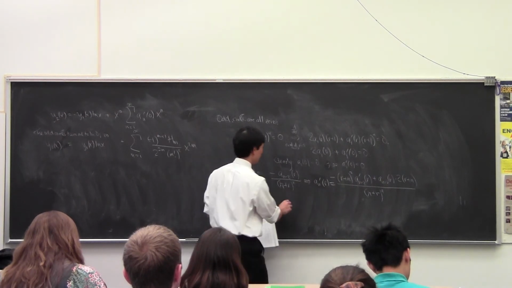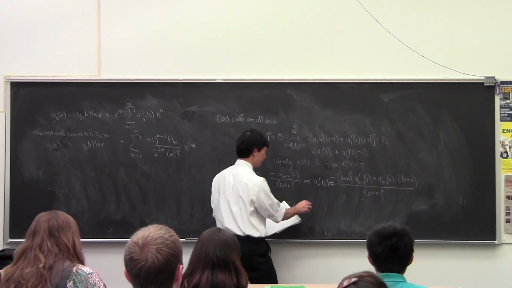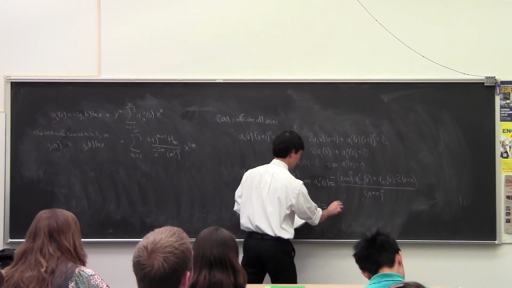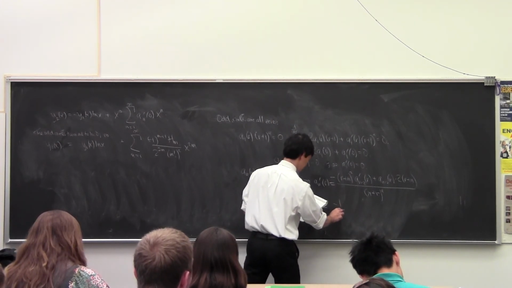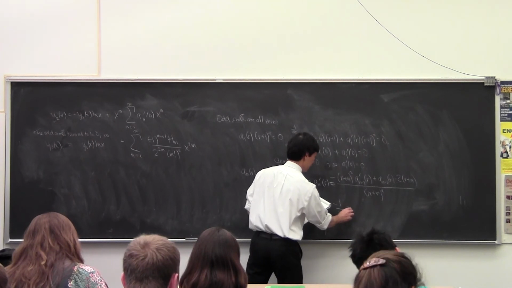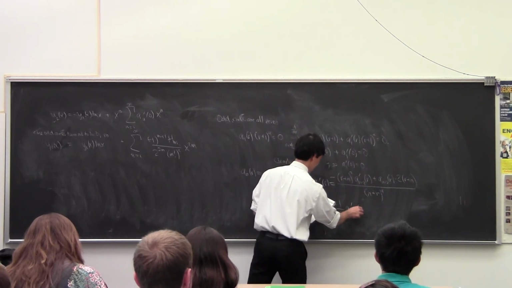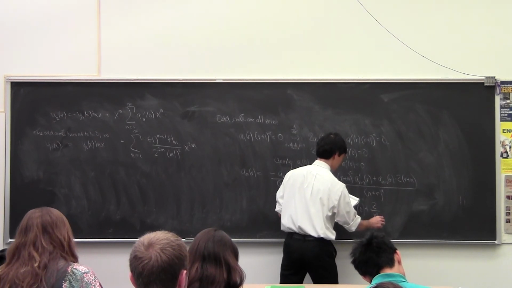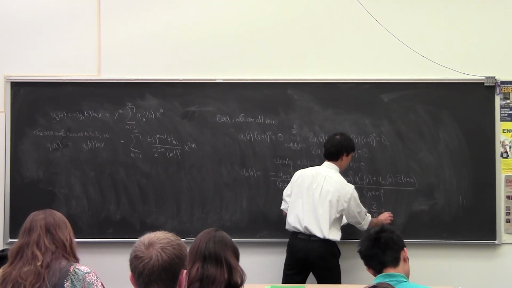And again, evaluating at 0, a_n prime(0) must equal negative 1 over n squared a_{n-2} prime(0) plus 2 over n cubed a_{n-2}(0).